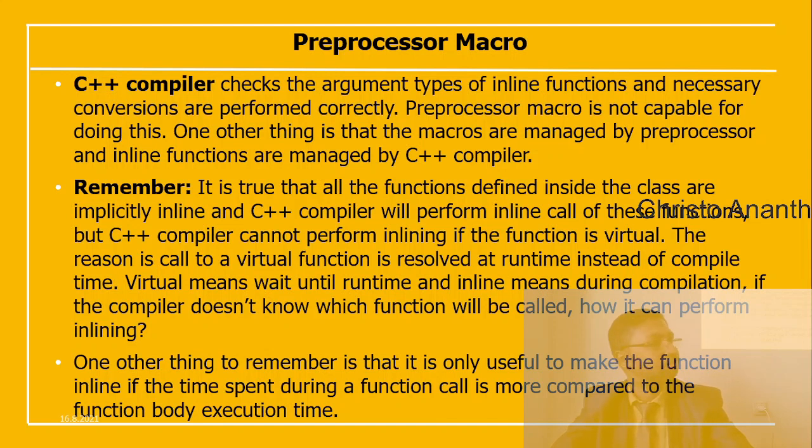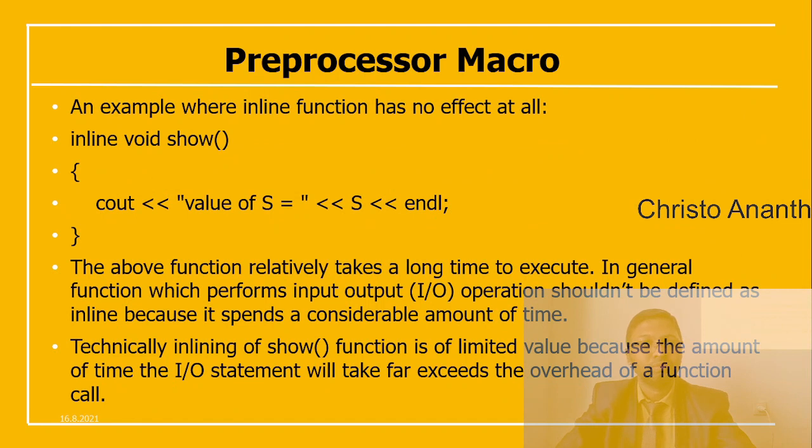It is important to remember to make a function inline only if the time spent during the function call is large compared to the function body execution time. This is an example where inline has no effect at all: inline void show, with cout of the value of s. This one will take a long time to execute.